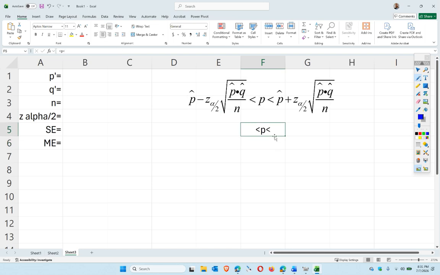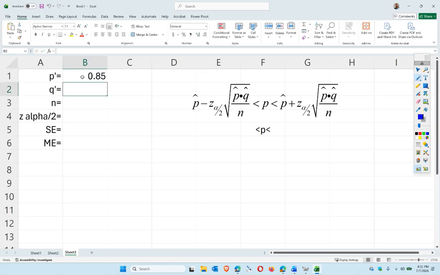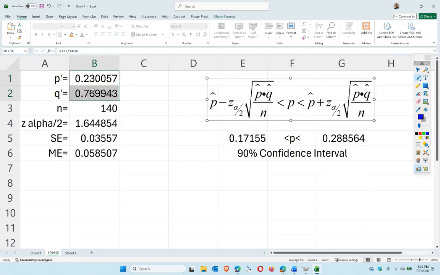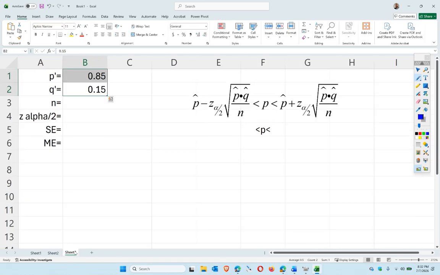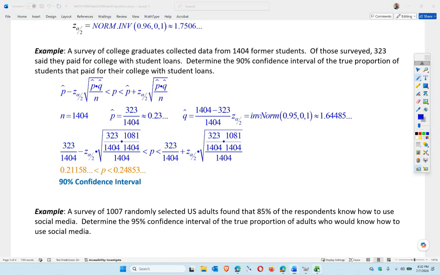Because this is the population, and we're using the sample, which is the p hat, to estimate the population, right? So it said 85% know how to use social media, which means 15% don't. So whether it's a fraction or a decimal, this adds up to 1, right? The quantity of people in this study is 1,007.